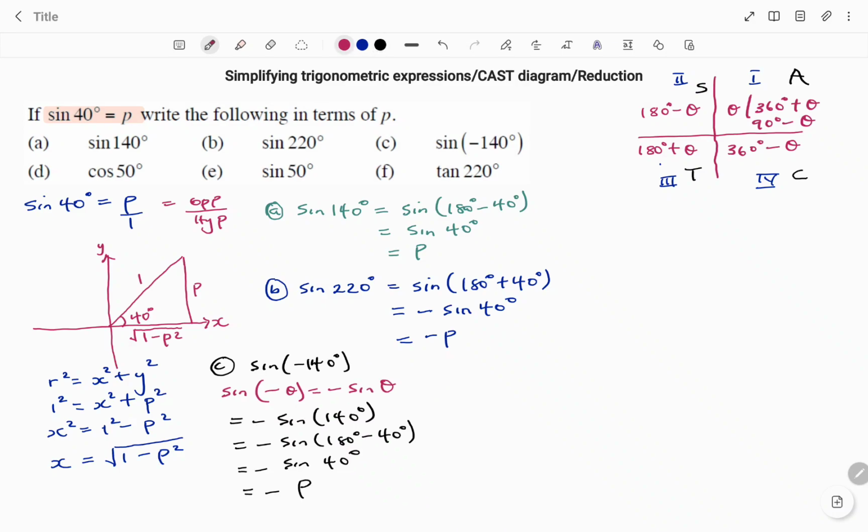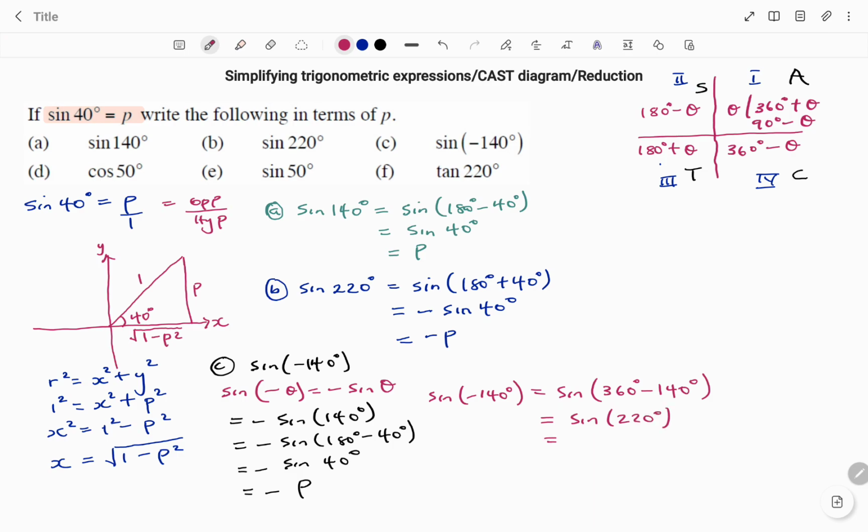The second method is, when you have a negative angle, you can add 360 degrees to make it positive. So therefore, if I have sine minus 140 degrees, that will be equal to sine, I'm going to add 360 degrees, putting the 360 degrees in front, minus 140 degrees. That will give us sine 220 degrees.